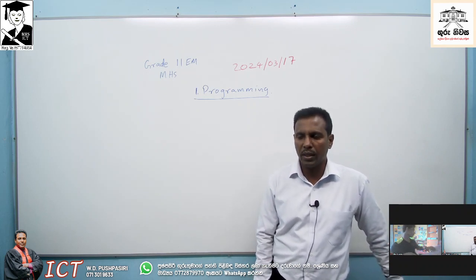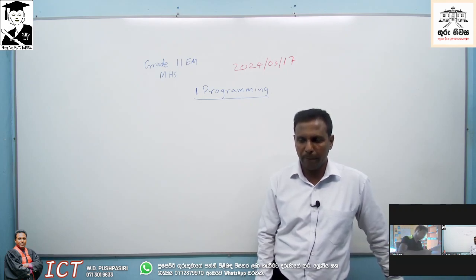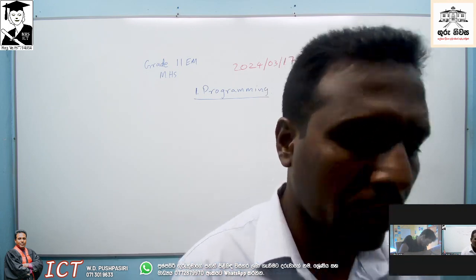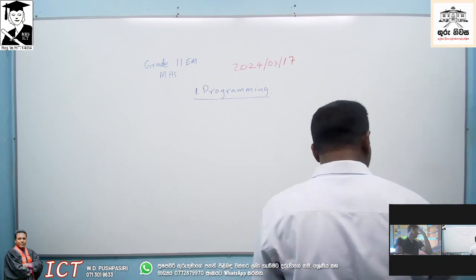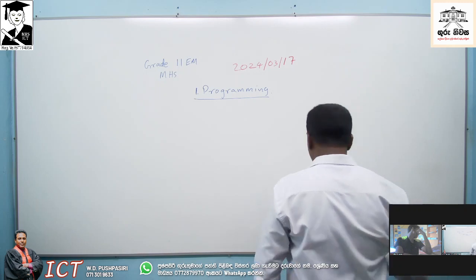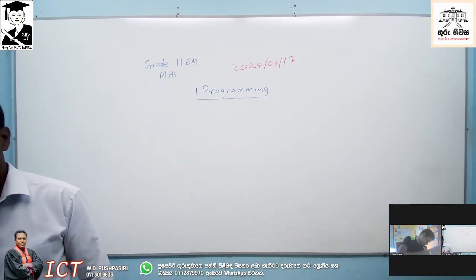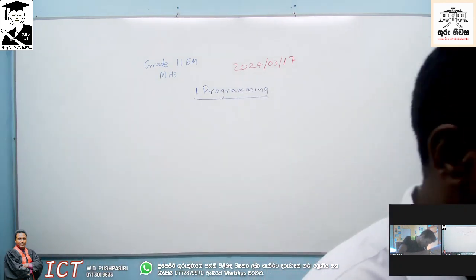Control structures in programming. There are main three control structures as following.